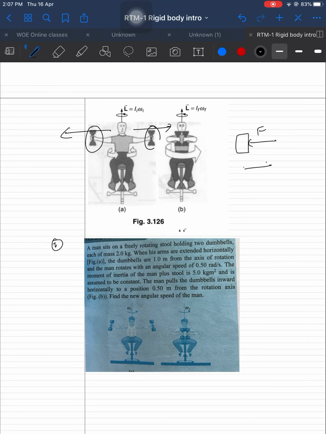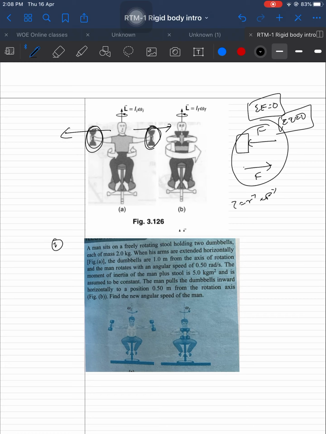On the man, the force is in the backward direction, because he is pushing. Net force is equal to what? 0 in this hand. On the other hand also it is 0. If net force is equal to 0, obviously what is also equal to 0? Net torque is also equal to 0. Because net force is not there, how can there be a torque? Torque is equal to R bar cross F bar. F is not there, so tau is equal to 0.